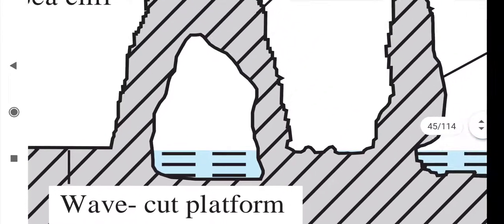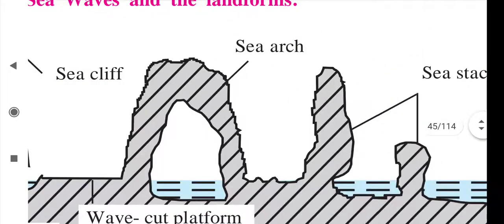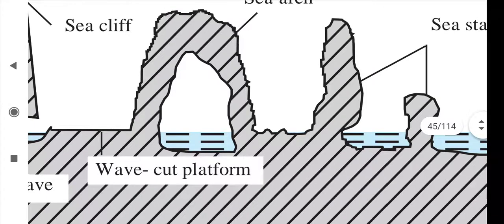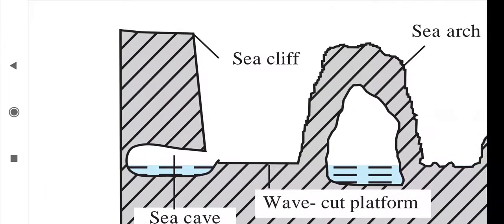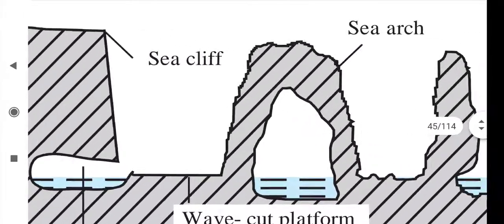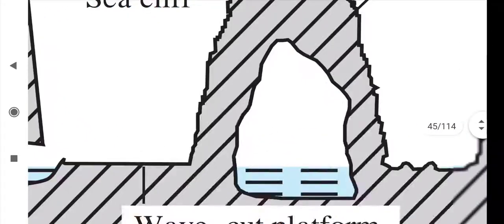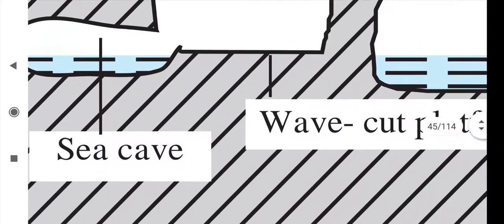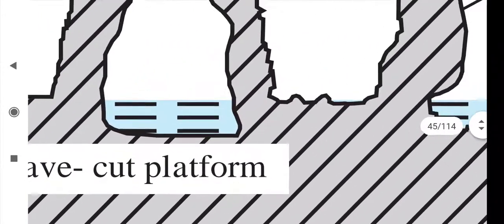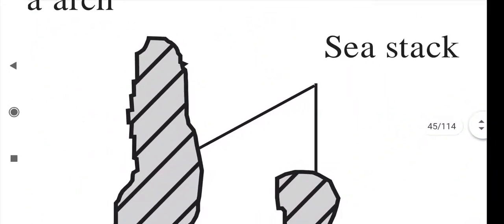Here wave cut platform, so continuous attack of the sea waves was on the middle side, so that's why that portion is removed. So here wave cut platform is formed. Now it is sea arch, this is the sea arch, and it is wave cut platform. Now here it is shown sea stacks.